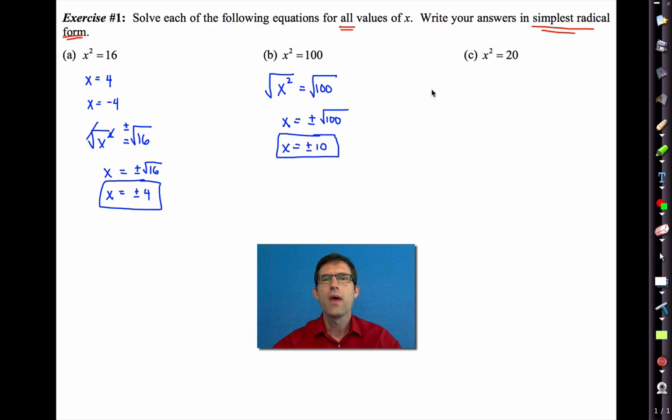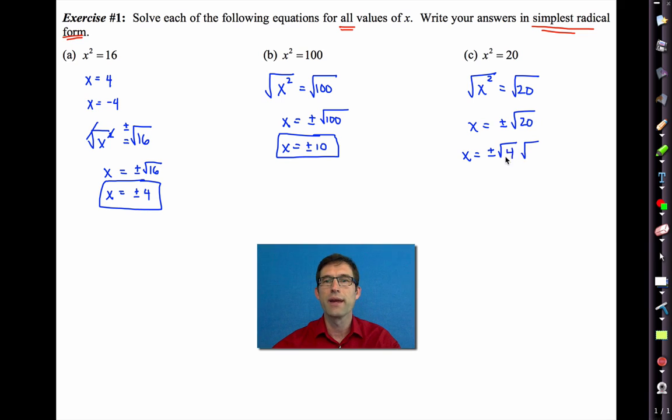That works. But when we get a situation like letter C, x squared equals 20, you see, 20 is not a nice perfect square. So when we take the square root of both sides, that gets a little bit confusing. What is the square root of 20? Well, that's where the simplest radical form comes in. Remember how we do that? We find the largest perfect square that goes into 20, that happens to be 4.